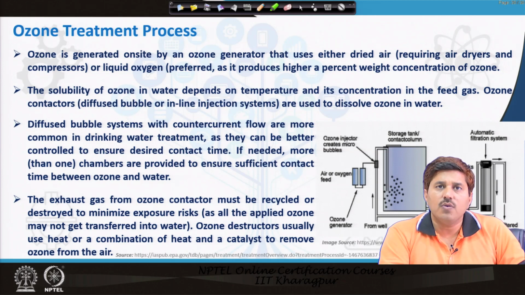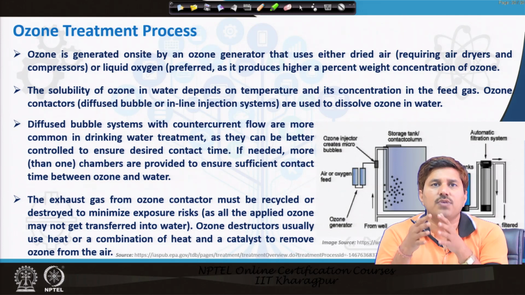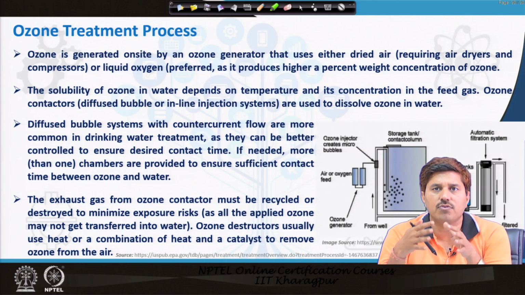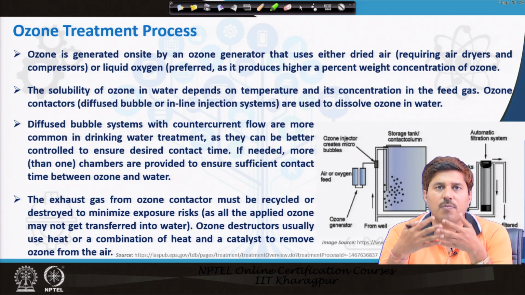The solubility will depend on the temperature and its concentration in the feed gas. Whatever feed gas we are providing, either liquid oxygen or dried air, that will generate ozone, and the solubility of ozone at the particular temperature at which we are operating will guide how much soluble it is.